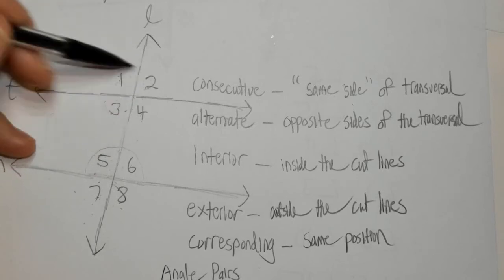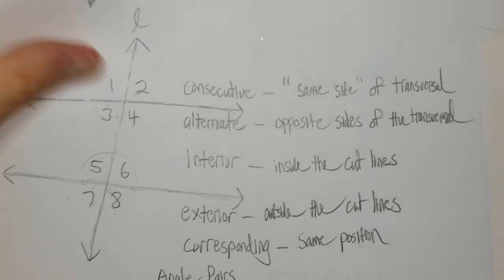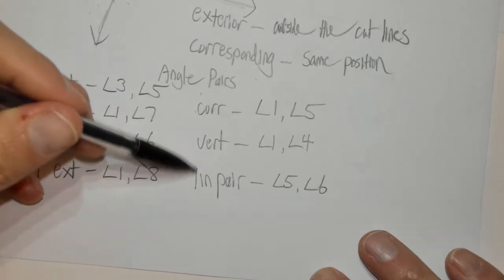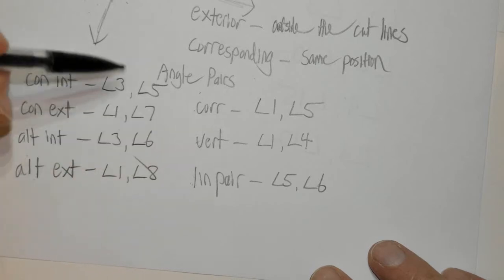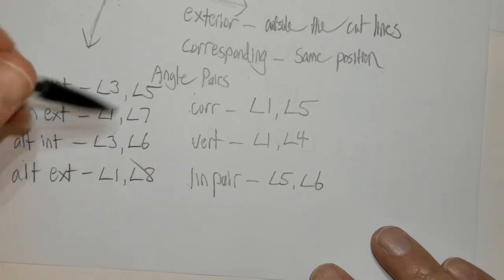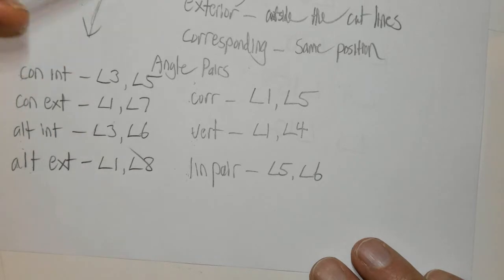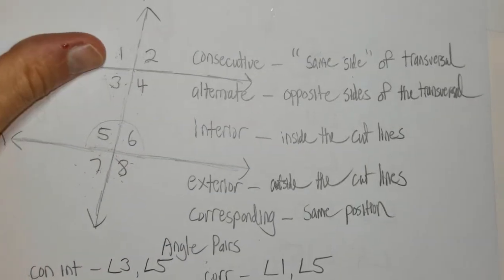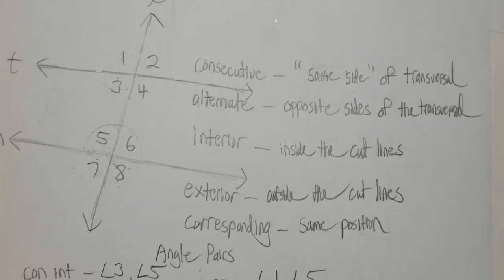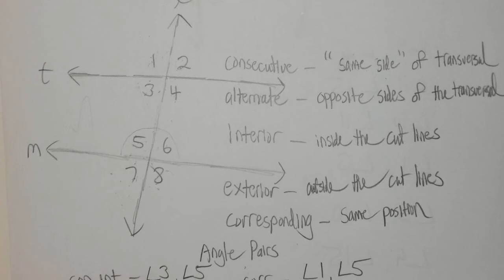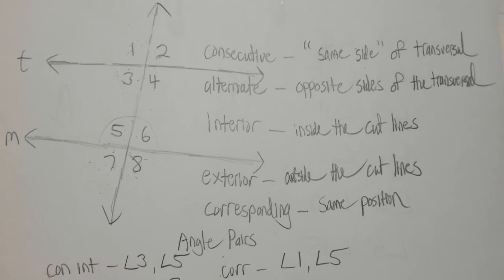One would come from the top and one would come from the bottom. However, these other two, they are adjacent to each other. Okay, so that means that they are in the same intersection. All right, so vertical angles are in the same intersection, and then linear pair would be in the same intersection. Okay, so that's one thing that we got to make sure that we keep in mind as we move forward and start doing the problems that we're going to be asked to identify.